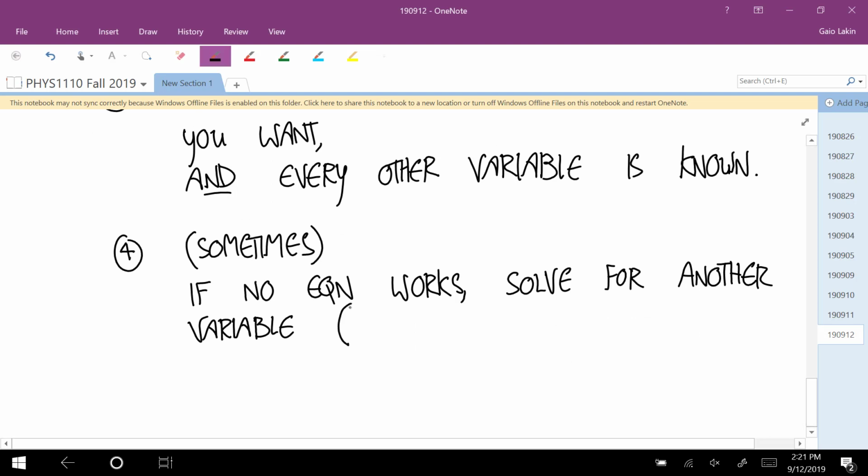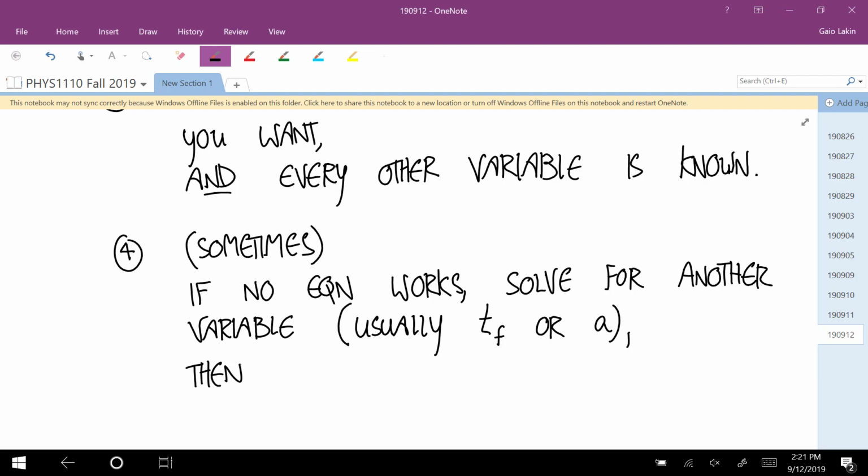Usually the most useful ones are time final or acceleration. And then try again. So you'll solve for this other variable, then you have another variable that you know, and see if you can use that now to solve for the one you want.